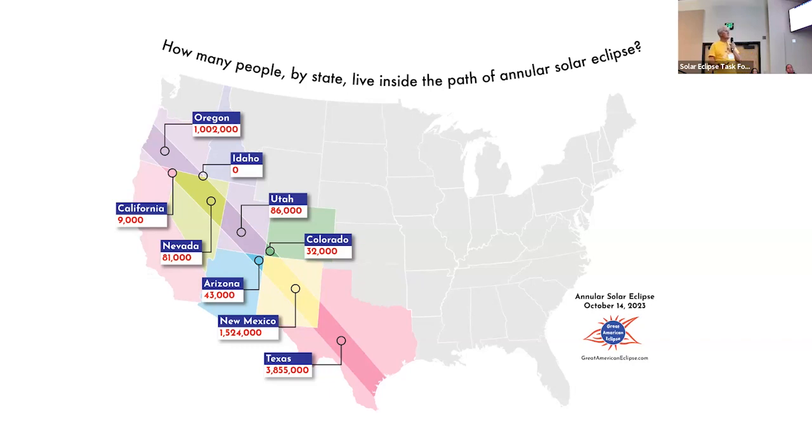The most populous states are Texas, New Mexico, and Oregon. Idaho has 0 because it just clips a tiny corner of the state that's wilderness.